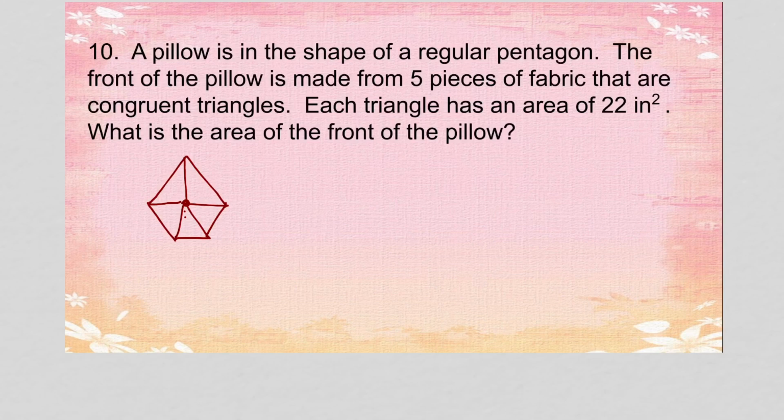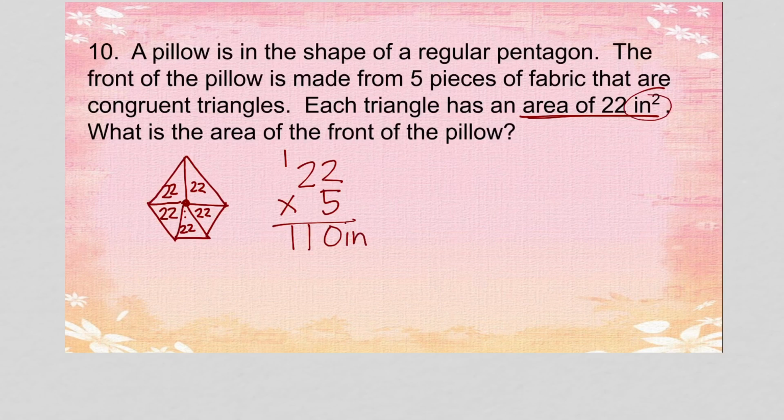But this actually does it for me, so this was actually fairly easy. It told me the area of each triangle is 22. So then I'm going to put 22 in each one of these to remind myself what they are. And so then I can say what? 22 times 5. And I get what? 110 what? Inches squared. That one was fairly easy, right?